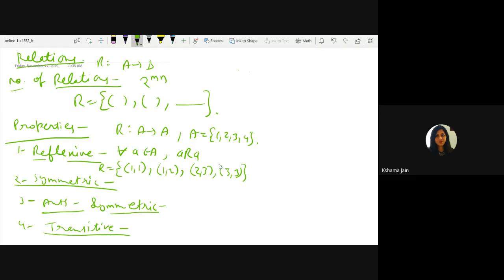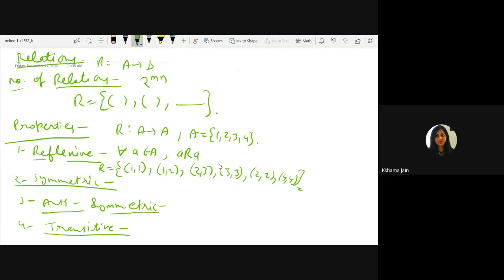So if 1 is there, it should have image 1. It's there. But 2 should also have (2,2). Can you see (2,2)? No. Hence, it's not reflexive. For it to be reflexive, (3,3) is there, but (2,2) and (4,4) must be here. Then it is called a reflexive relation. Understood? The element should be related to itself for reflexive.